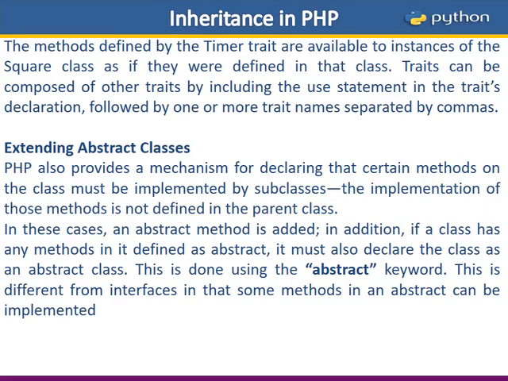PHP provides a mechanism for declaring that certain methods of a class must be implemented by subclasses. That is, the implementation of those methods is not defined in the parent class. It is done using the abstract keyword. This is different from an interface in that some methods in an abstract class can be implemented.